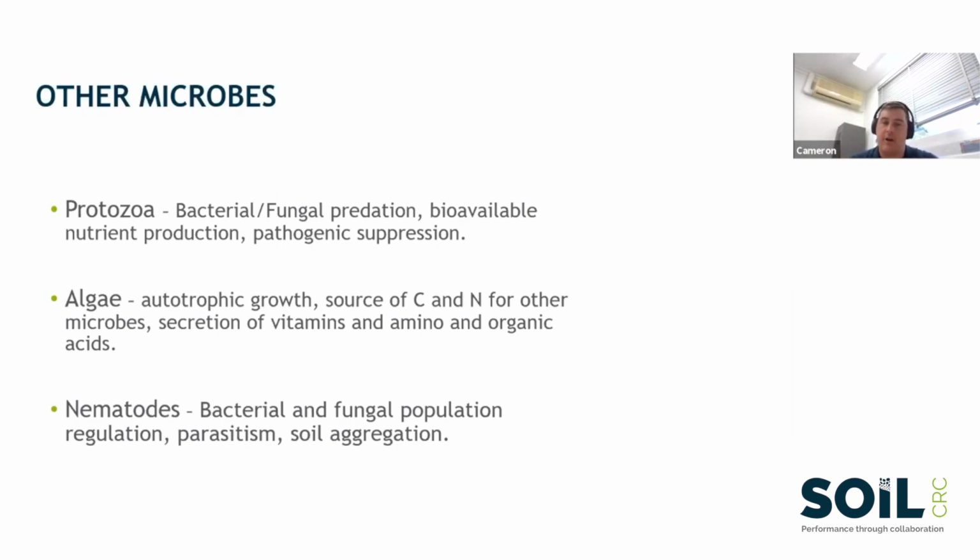And then nematodes, again, are very similar to protozoa in the way they act. They're very important for sort of the regulation of bacteria and fungal populations in the soil. But also, because of their size, they do affect soil aggregation. So they create these pockets by sort of moving around in the soil and pushing the soil around so that they can expand themselves.